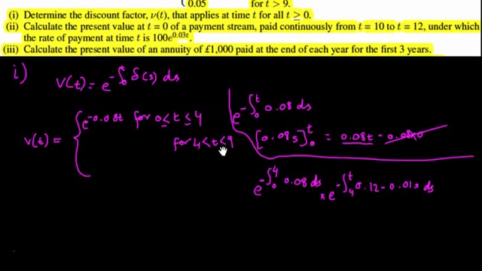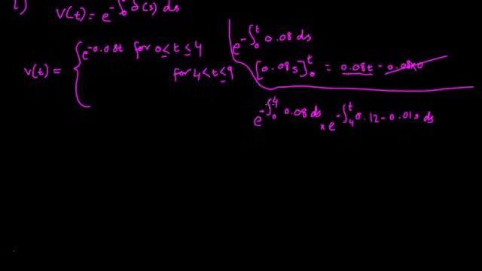Okay, if we know that the integral of this bit is just 0.08 t, and this is v to the 4 that we're trying to find, all we have to do is sub 4 into that t. So it's just going to become e to the negative 0.32.